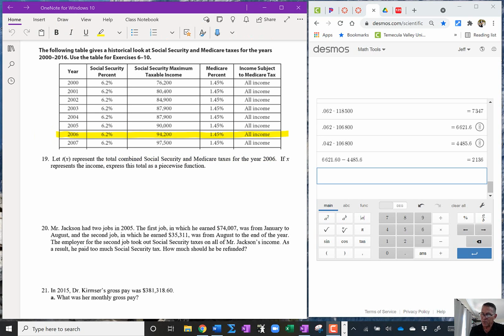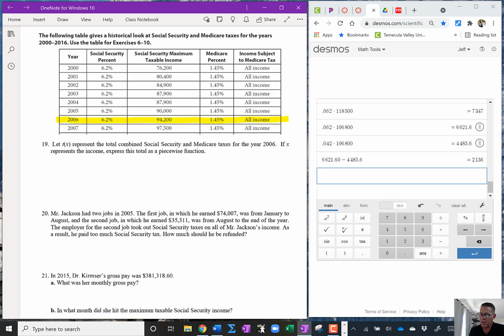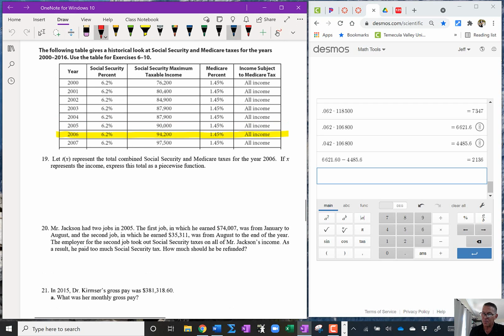If X, which represents your income in dollars, is less than or equal to $94,200, you have to pay 6.2% of Social Security. Remember, this is Social Security here, and then this part right here, this is Medicare.